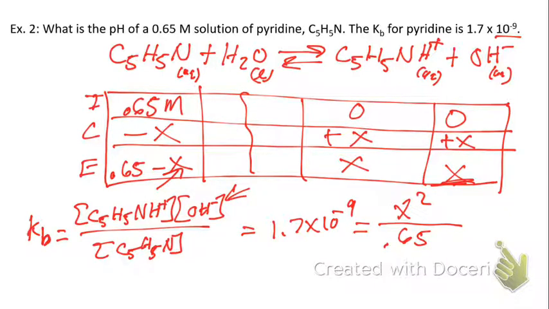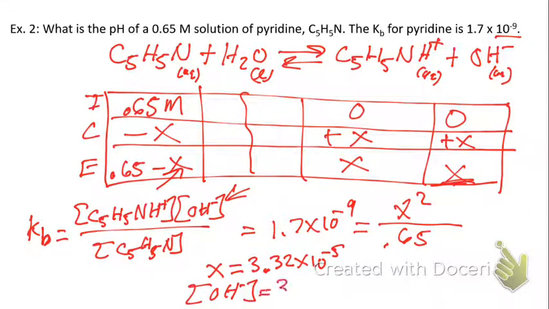So we do the math and solve for x, and we find that x is 3.32 times 10 to the minus 5. And therefore, it must also be the OH- concentration at equilibrium.